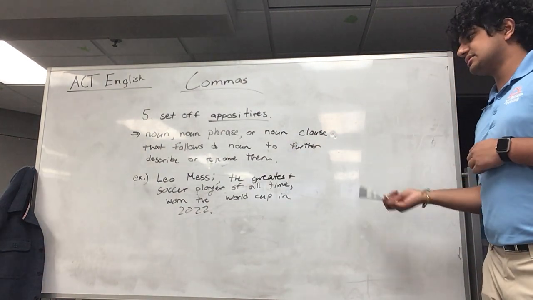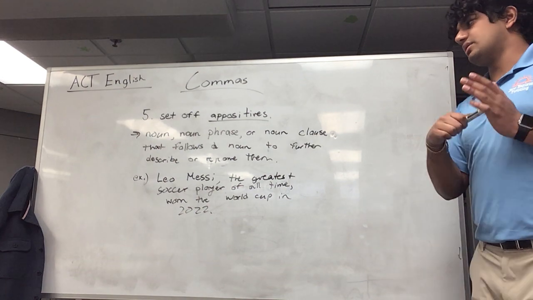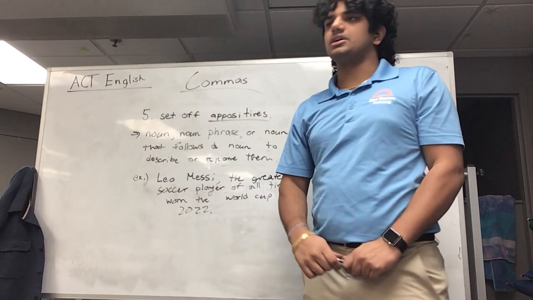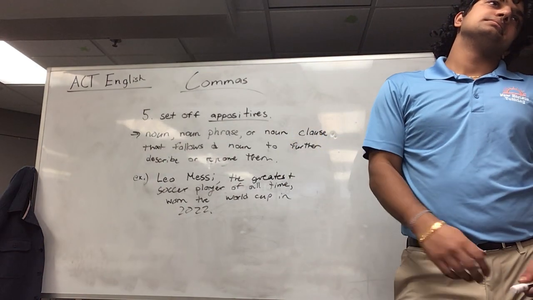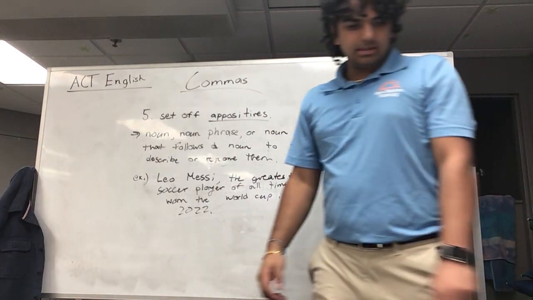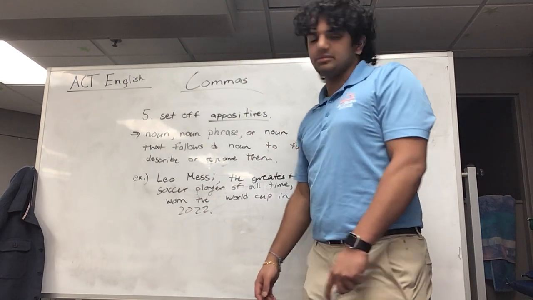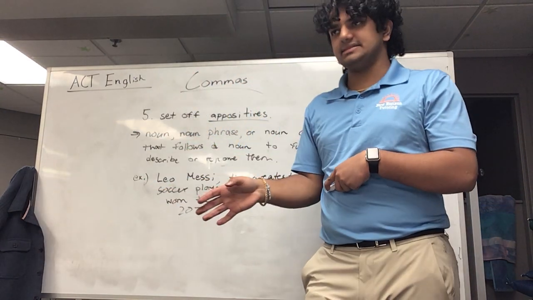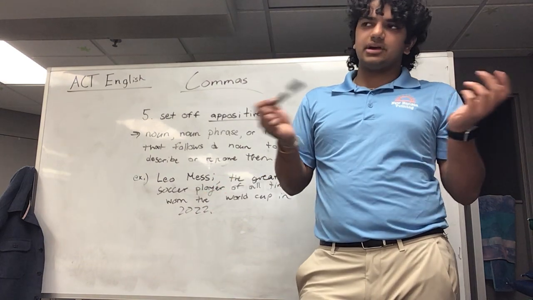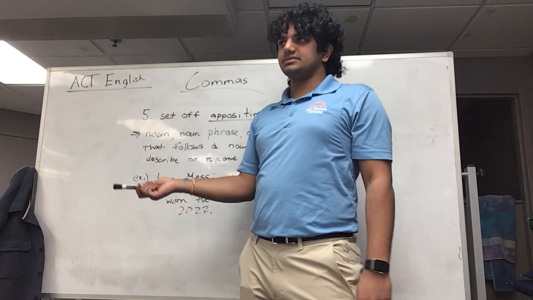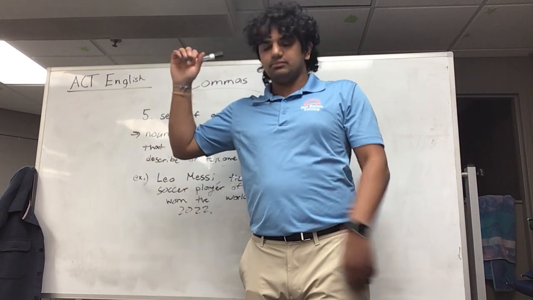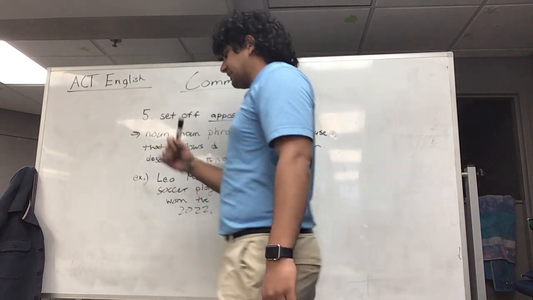Now, you could use another example where you have just a noun. I love sports, so we're going to use another sports one. Let's say we were talking about LeBron James, but we didn't name him in that sentence. So we were talking about the best player on the Lakers, and then we could put a comma, LeBron James, comma, blah, blah, whatever you think about him.